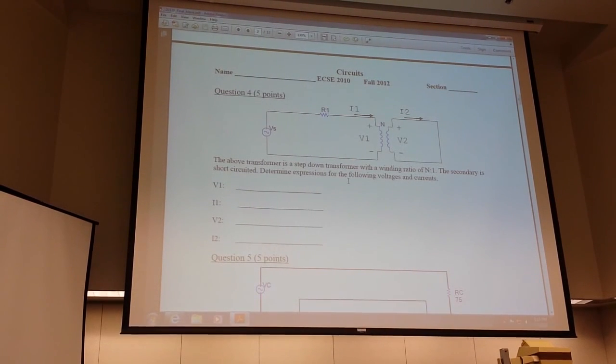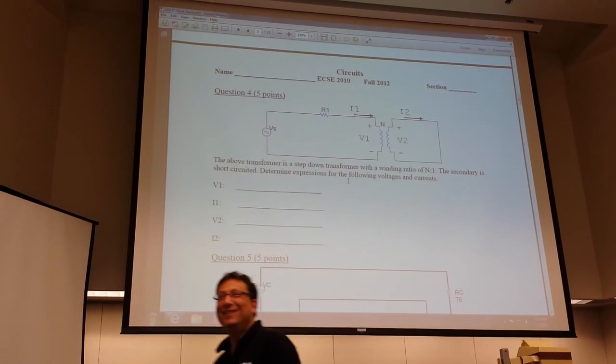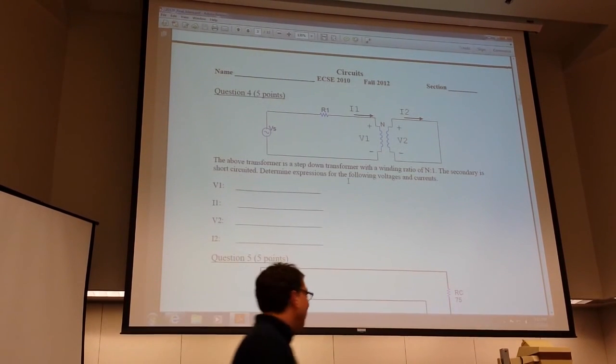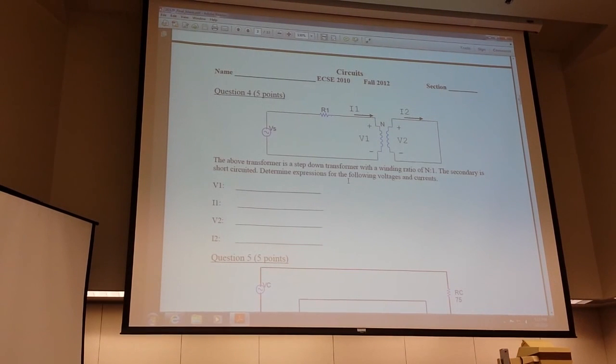If V1 is 0, KVL applies. What's I1? Can't be V source. Vs over R1. Thank you. So I1 is Vs over R1. If it's a step down transformer, n to 1, is I2 larger than I1 or smaller? It is larger. If it's a step up transformer, it's smaller. Those are our ideal transformer characteristics.